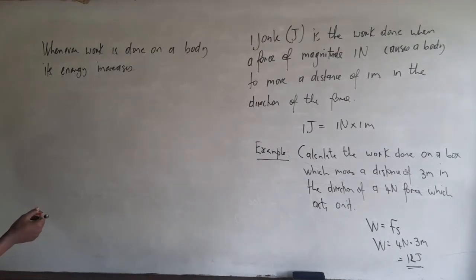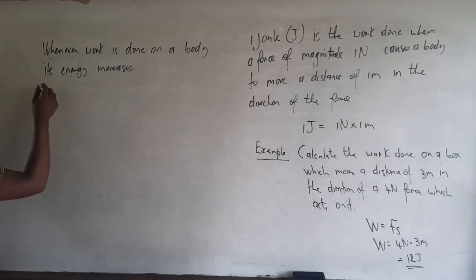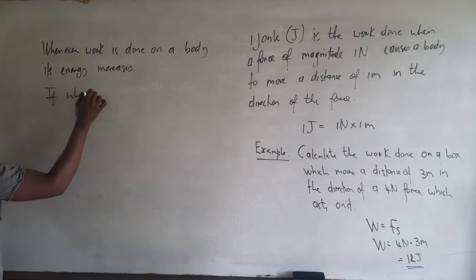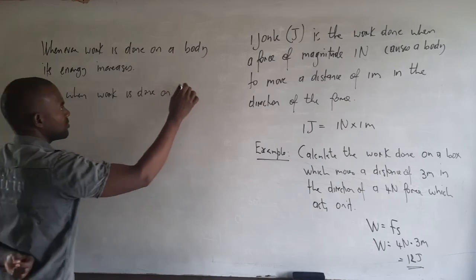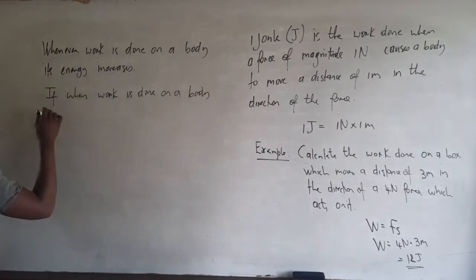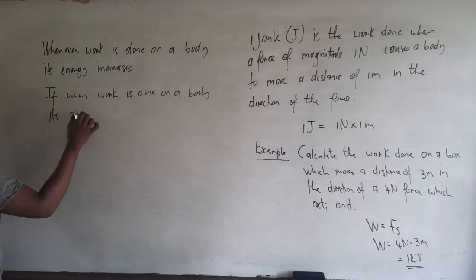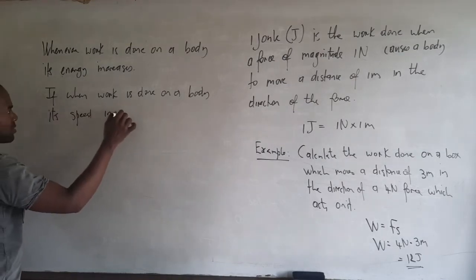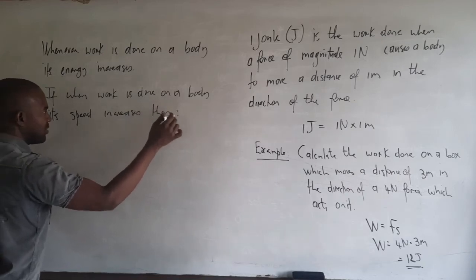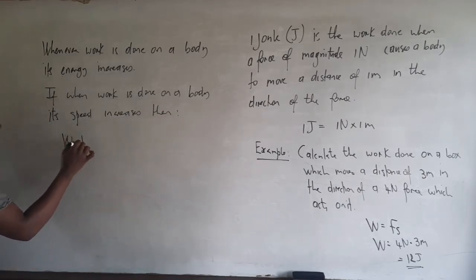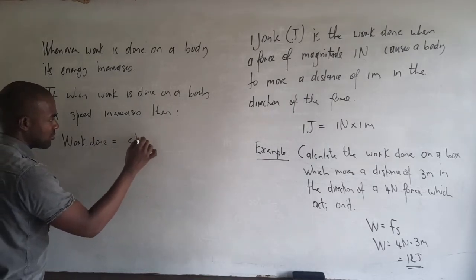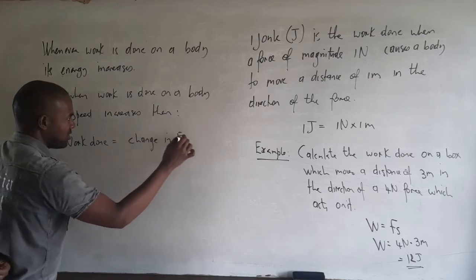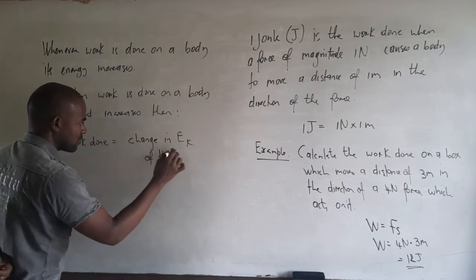So we could say that when work is done on a body, if its speed increases, then the work done is equal to the change in kinetic energy of the body, right?